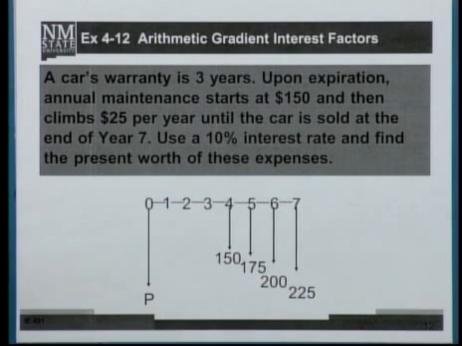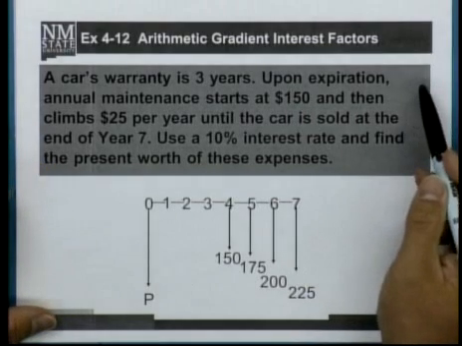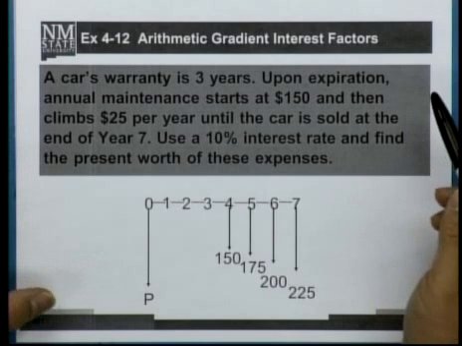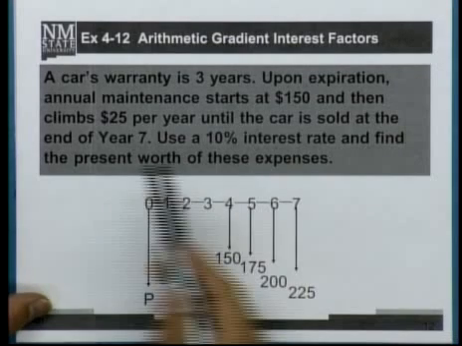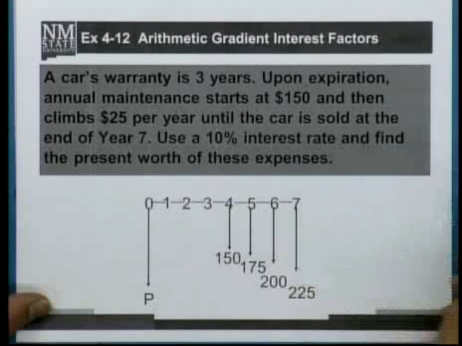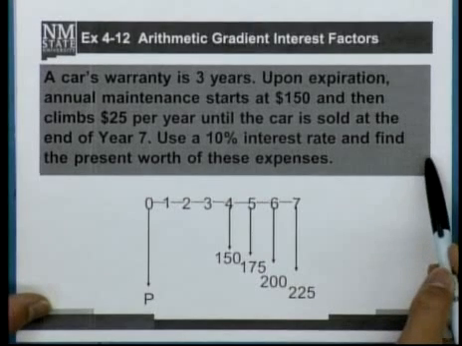This is example 4-12 from our text. A car's warranty is 3 years. Upon expiration, annual maintenance starts at $150 and then climbs $25 per year until the car is sold at the end of year 7.